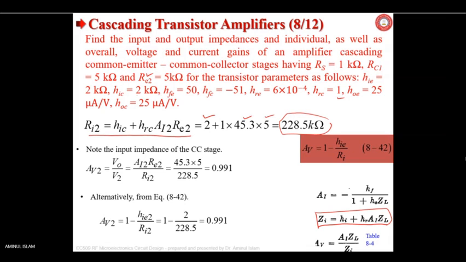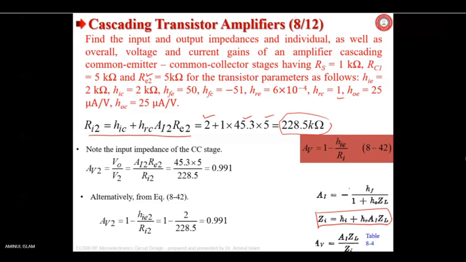Next is the voltage gain of the Q2 common collector. Voltage gain is obviously output voltage divided by input voltage. So the voltage gain is VO by V2. VO means output voltage. Across what is VO? It is at the output emitter terminal of the second stage transistor.